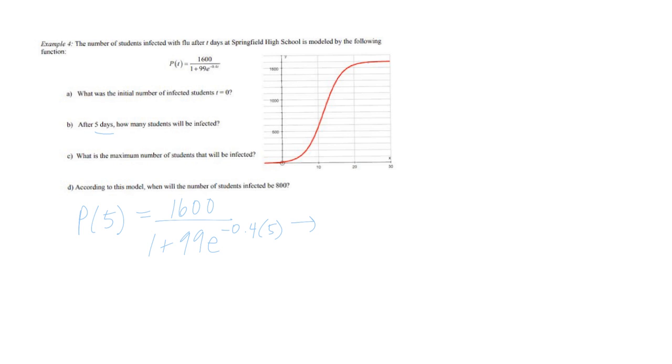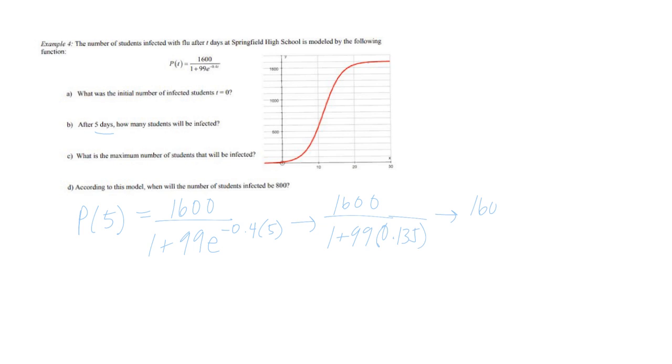I see that e to the negative 0.4 times 5 is somewhere around 0.135 in decimal. So I'm going to have 1600 over 1 plus 99 times 0.135.